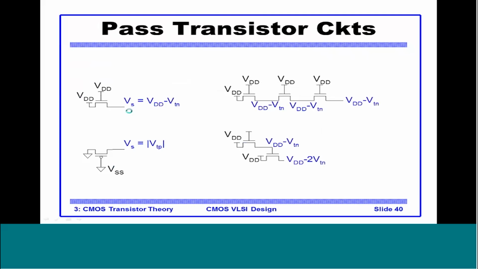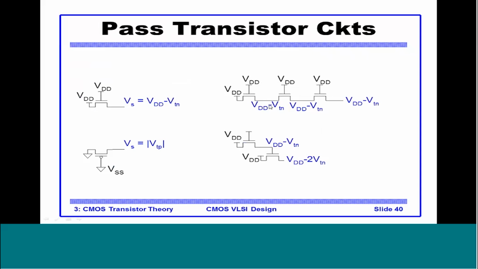So NMOS, if its gate and one terminal are tied to VDD, the other terminal will remain VDD minus VT. Let's see a series of pass transistors. The first one here passes VDD minus VT, but the second one passes VDD minus VT again, because its gate is tied to VDD, but the other terminal is not VDD actually.